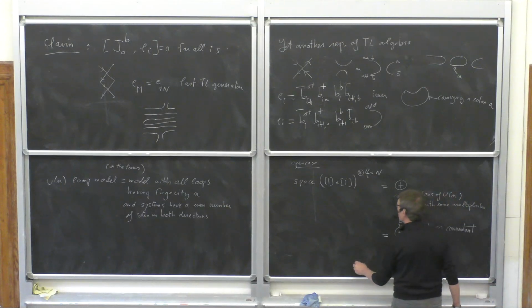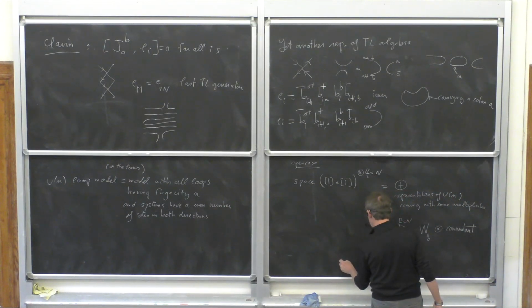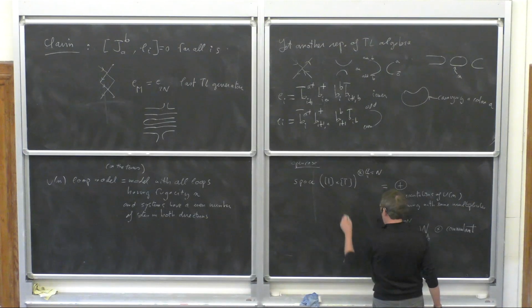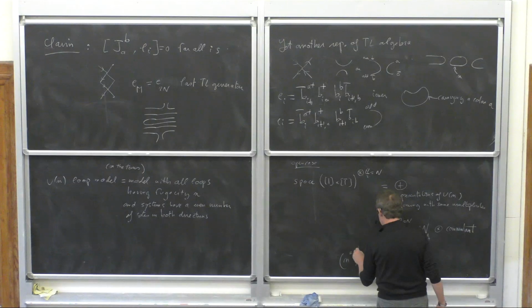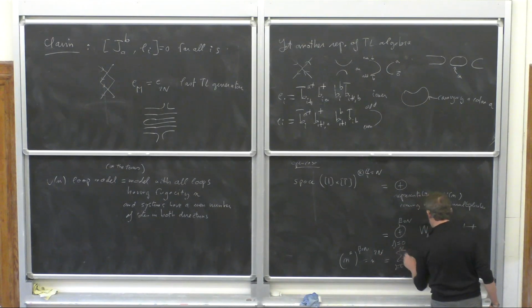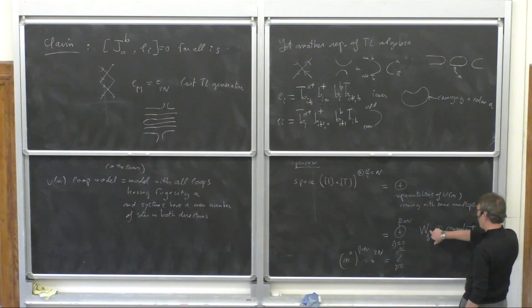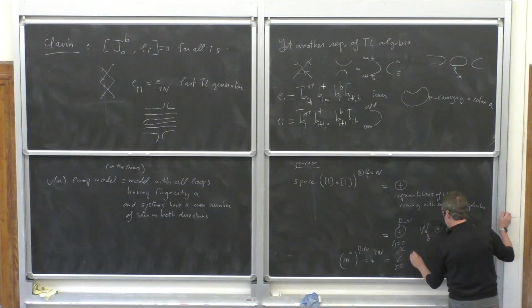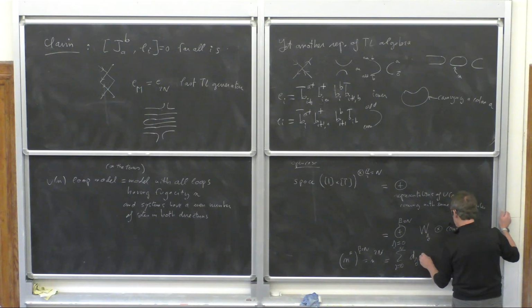I could, for instance, ask myself, okay, how about decomposing n squared to the power m over 2 equals n, which is n to the 2n. How does it decompose? Well, it would decompose as sum from g equals 0 to n of the dimensions of these guys, which are the dj's, times some multiplicities.